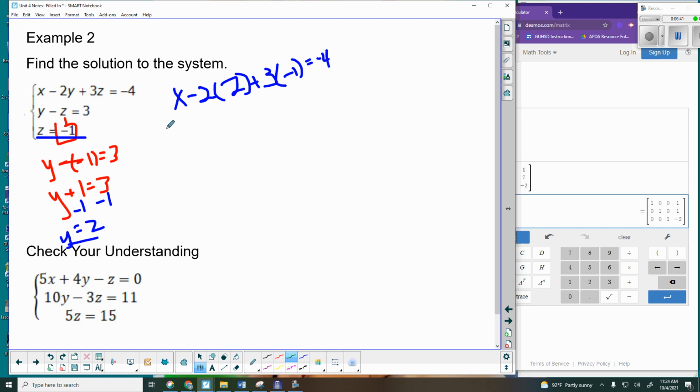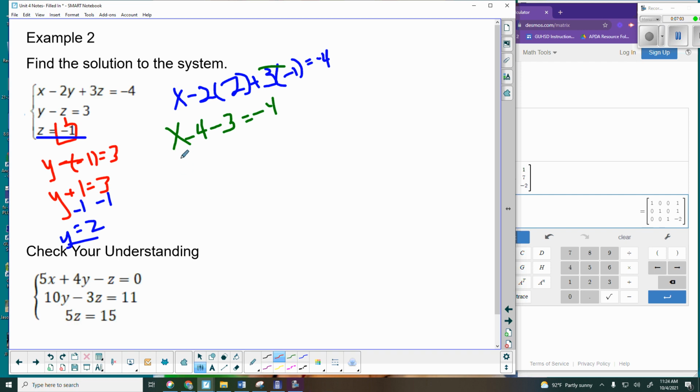And then we do some simplifying. X, -2 times 2 is -4. X minus 4, 3, and -1 make -3 equals -4.